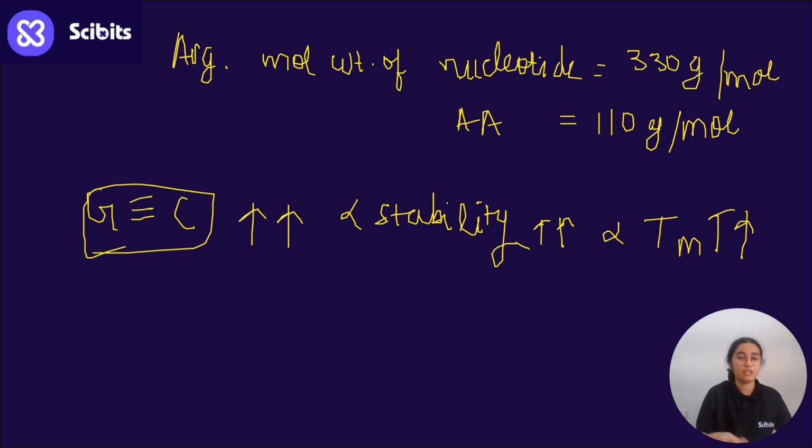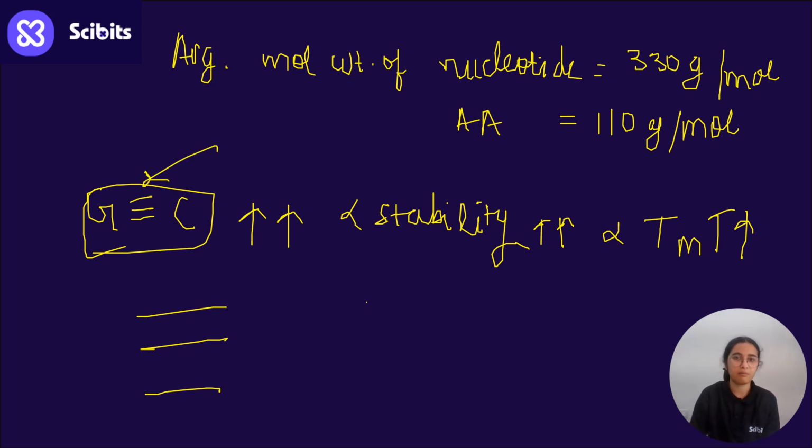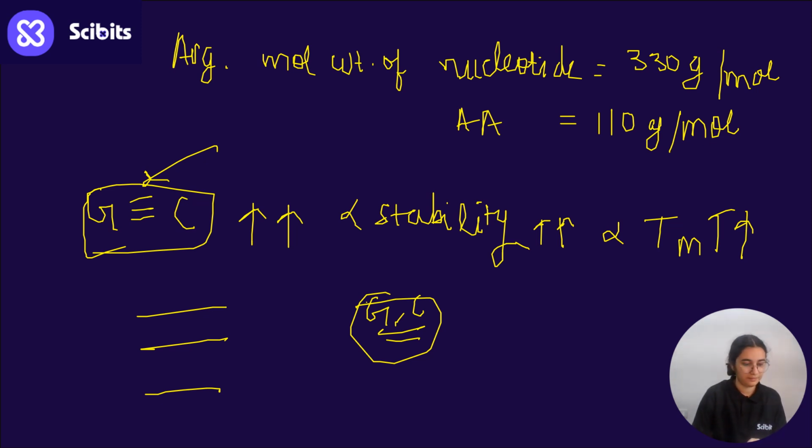Just to remember, if in a particular question they give 4 sequences and they ask which one of the following is more stable, then you have to check it for GC content. You should calculate the number of G's and C's in the given sequences, and then based on GC content you can conclude whether it is stable or not stable. Okay.